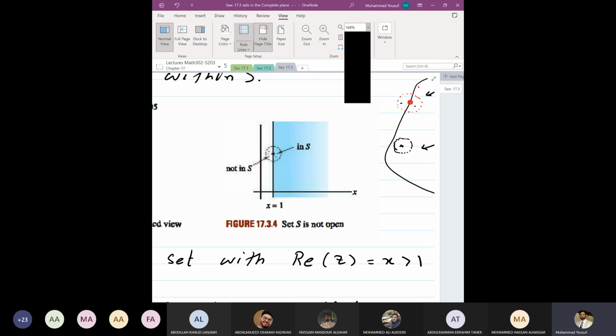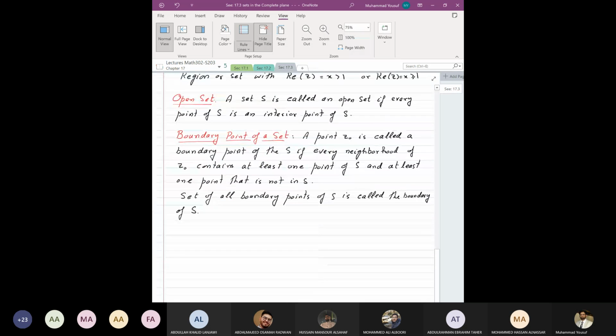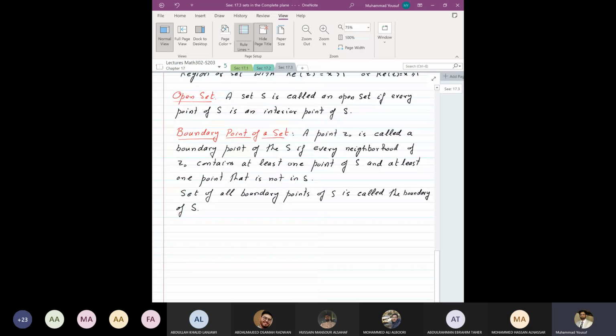This is the boundary of the set. Okay, so we have this definition, boundary.